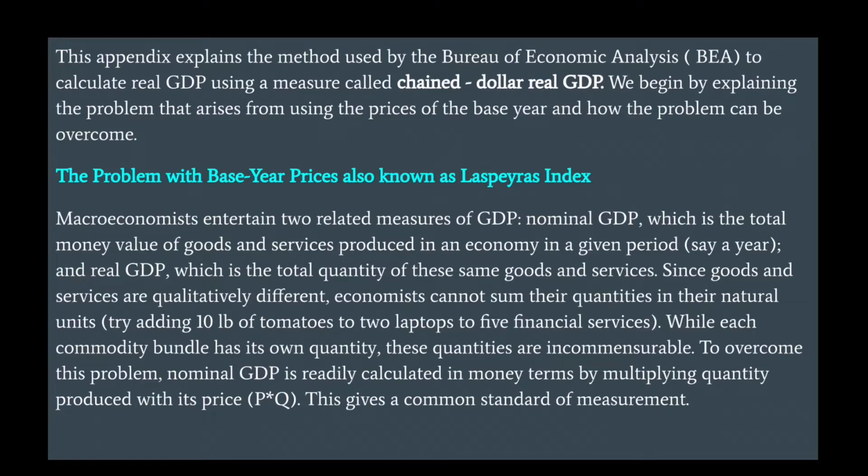Like try adding 10 pounds of tomatoes to 2 laptops to 5 financial services. While each commodity bundle has its own quantity, these quantities are incommensurable. To overcome this problem, nominal GDP is readily calculated in money terms by multiplying quantity produced with its price. This gives a common standard of measurement.